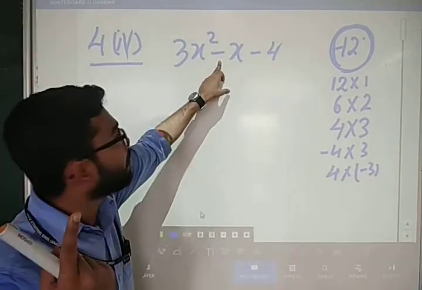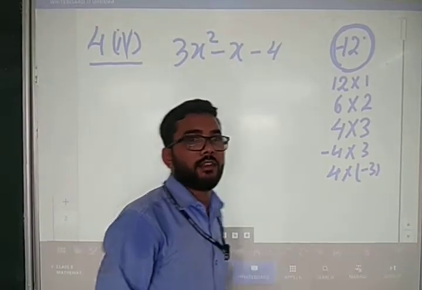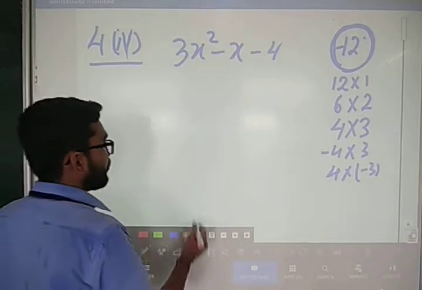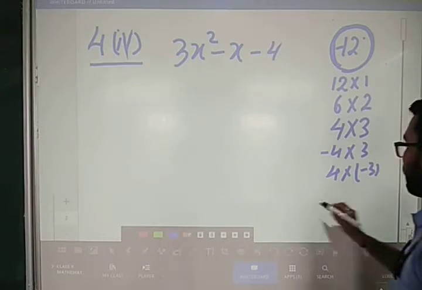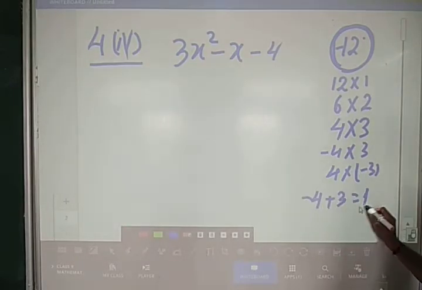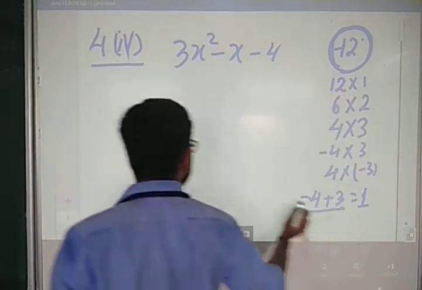But here minus 1 is there. So minus 4 plus 3 will equal minus 1, that is minus x. So when you add minus 4 plus 3, you will get minus 1.